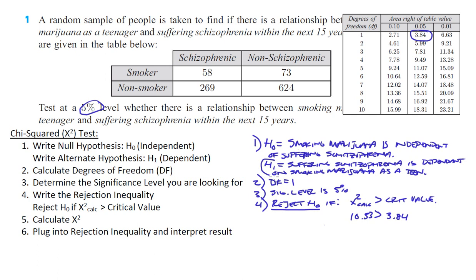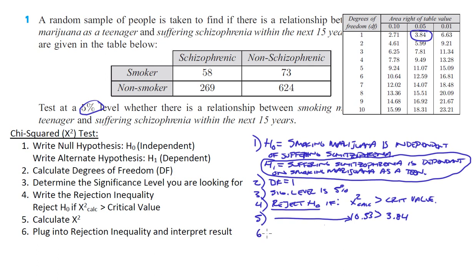accept H1. So here's our info that we're going to keep, right? So officially 5 was this right here, our calculated chi-squared, and then plug into the rejection inequality and interpret results.